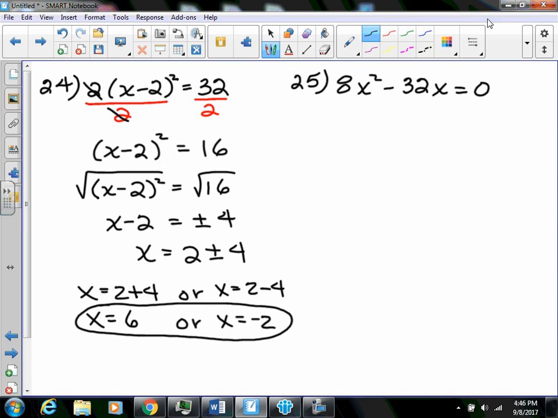For number 25, again, I'm looking at this problem and I'm thinking to myself, what's the best way to solve it? Well, always look for greatest common factor first, and in this case, my greatest common factor is an 8x. So I'm going to factor out 8x. And remember, if I'm factoring out an 8x, that basically means I'm dividing everything by 8x.